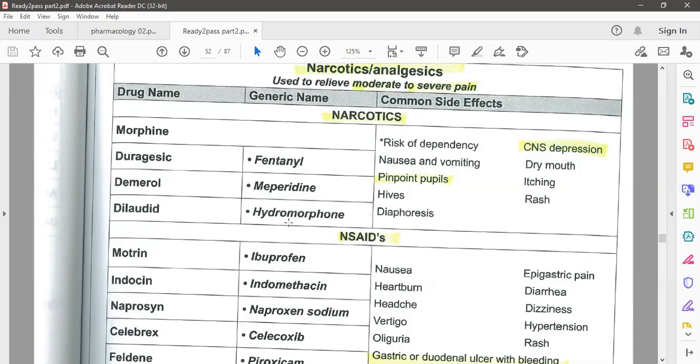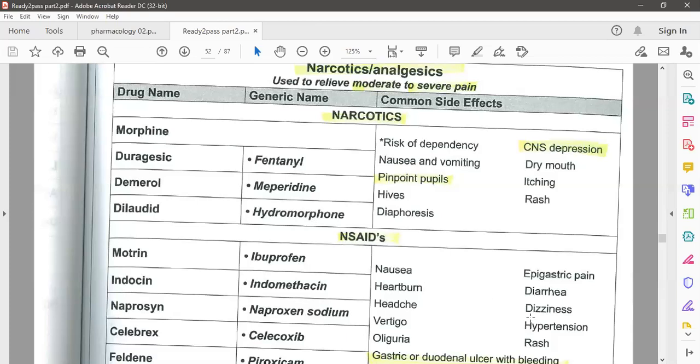Hydromorphone is many more times stronger than morphine. Simply said, hydromorphone is stronger than morphine. Okay? And we do not give morphine or hydromorphone to the patient with pancreatitis pain.